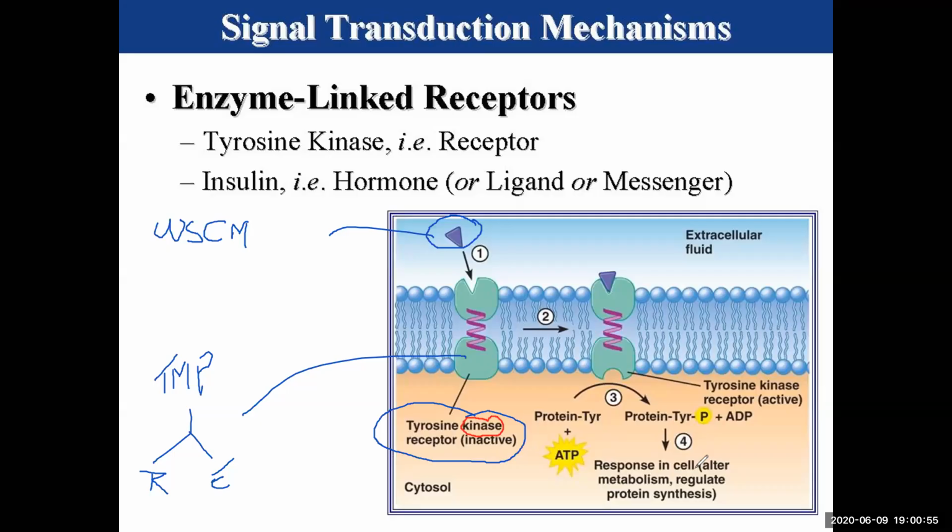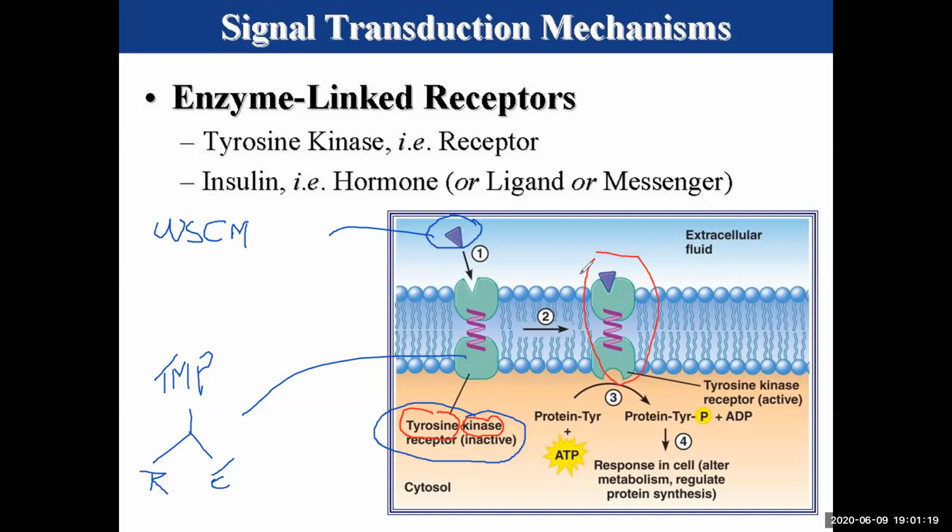Tyrosine is a specific amino acid, right? So of the 20 amino acids, tyrosine is one of them. On every protein, you will have several tyrosine amino acids. And particularly, some targeted tyrosines will receive a phosphate. And that's done by this transmembrane protein.